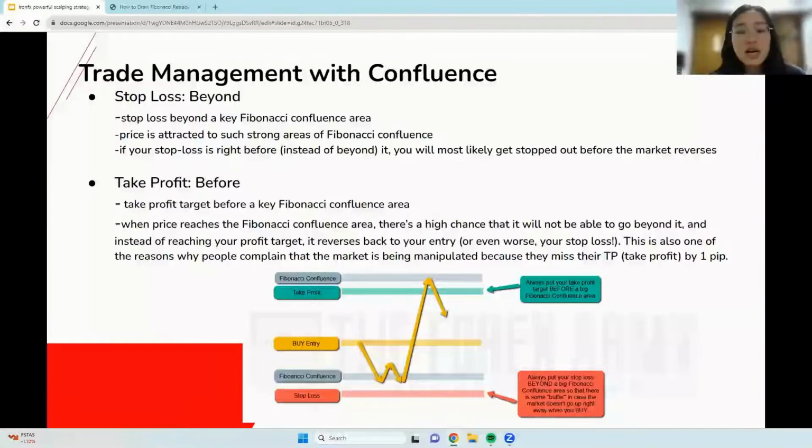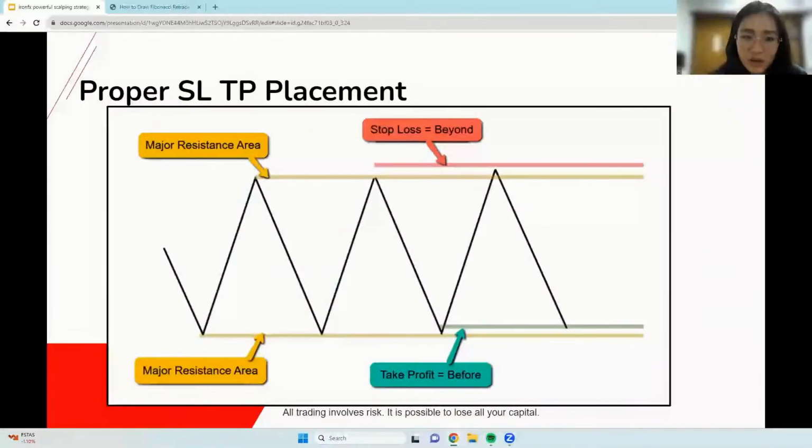Then people will complain that the market is being manipulated because they missed their take profit by 1 pip. So here's an example of how you can place your stop loss and take profit, just to maximize your wins and minimize your losses.